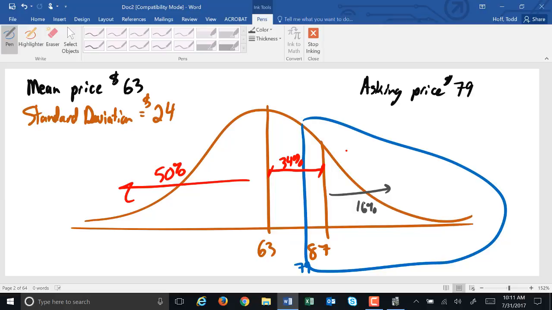So even though that $79 is well above the 63, it may not be way out there. You know what I mean? This example I did here, I purposely did not put the $79 at a standard deviation. That's one of the weaknesses of using this. This is what we call the empirical rule, by the way.